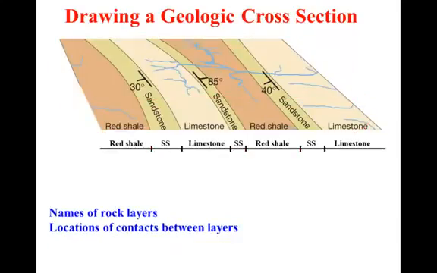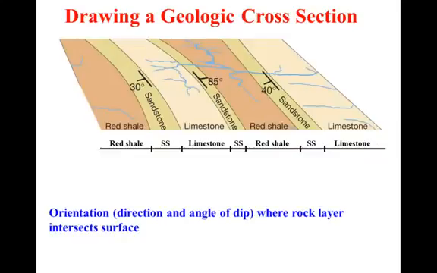So what I've done so far is I've transferred the names of the rock layers and the locations of contacts between them based on what the map shows. All I've done so far is reproduce the names of the rock units and the locations of their contacts as shown in the map. I've reproduced that along my cross-section line.